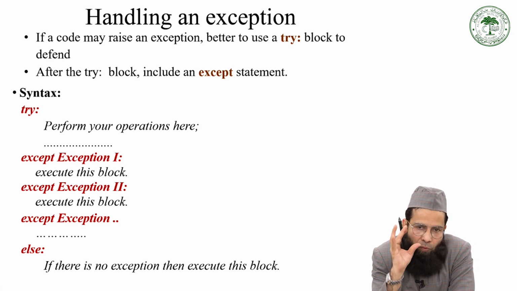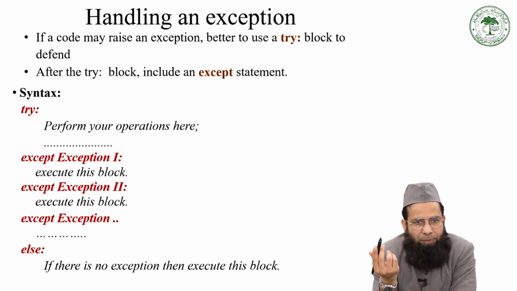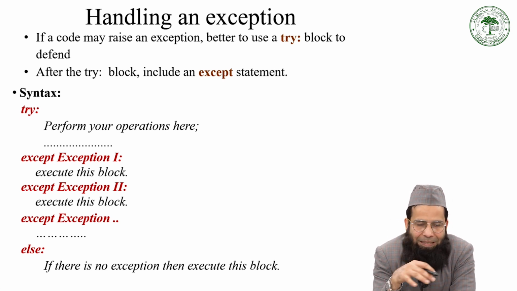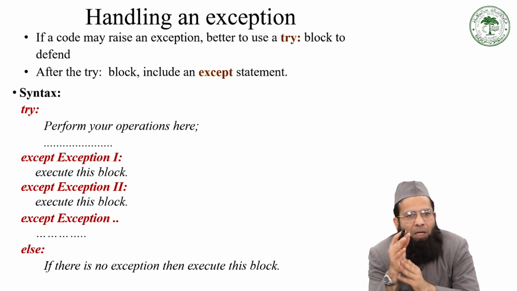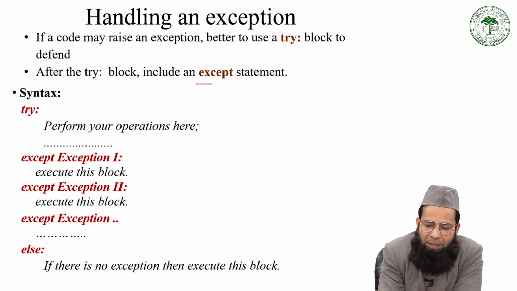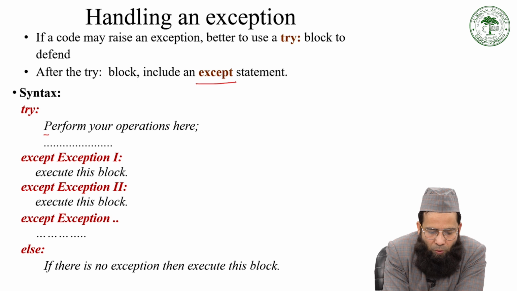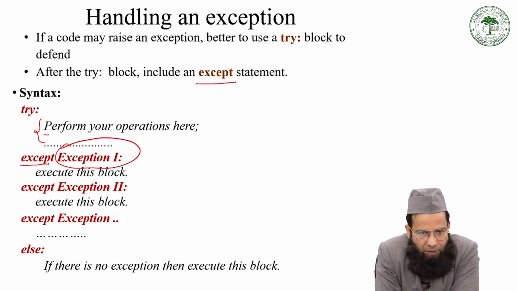It means if you know that this particular code may generate an exception, better to write a try block, and that try block would contain the code that may generate the exception, and after the try block include an except statement. So after the except statement, like in this case, this code may generate an exception, and here except is a construct, and this one is the type of exception, right?